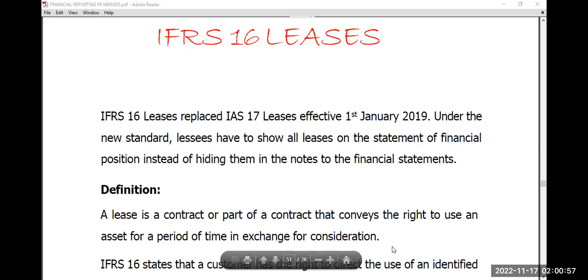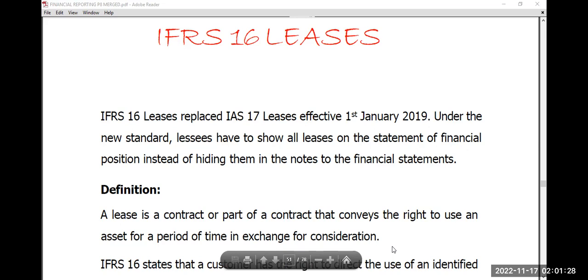But when this new standard came in, there are certain items that have been changed, as we are going to be looking at them. You are going to be seeing what the upgrades were as far as accounting for leases is concerned.